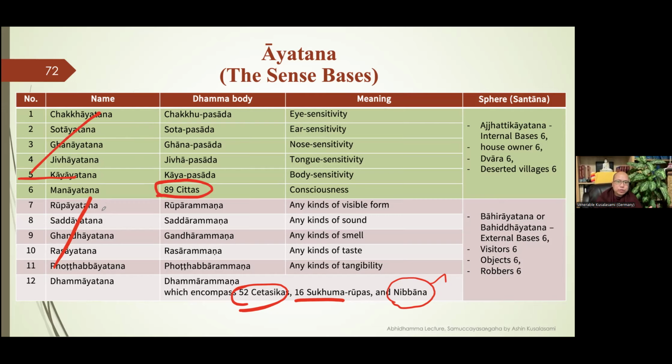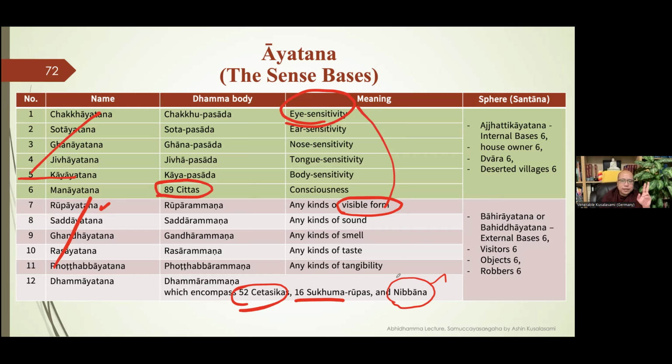For example, when the visible form strikes at the eye sensitivity, and then other kinds of the āyatana, like citta and cetasika, arise. It is clear. You understand the linking between them, but you don't understand how it is linked with the basis, the visible form, and nibbana.